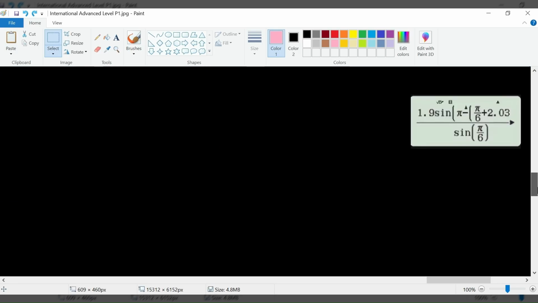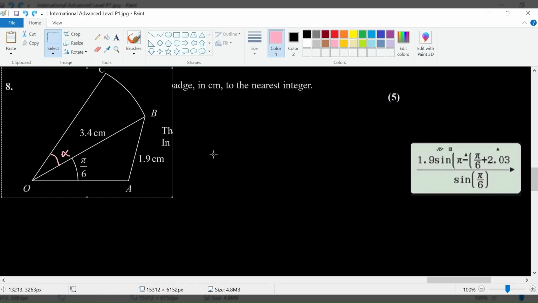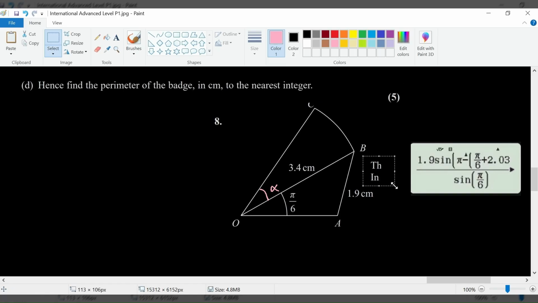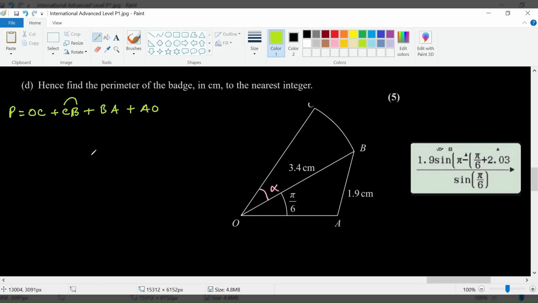Once I bring this shape, it's going to be easier for you to understand. I will remove this. In here, we need to find the perimeter, which is OC plus CB, which is this one, and then we need to add BA, and then OA we need to find.